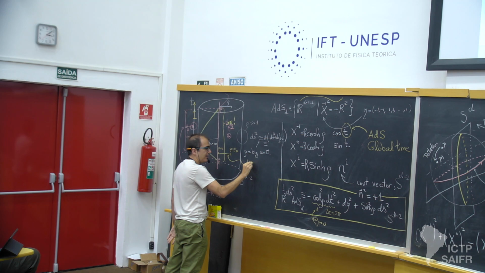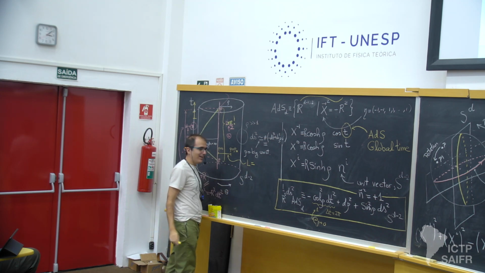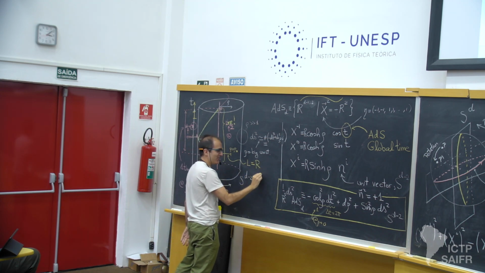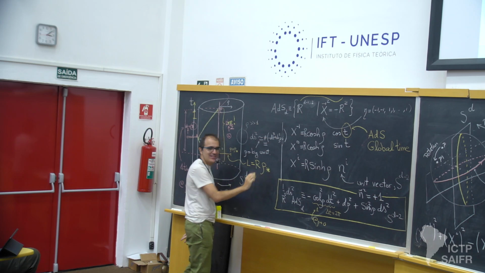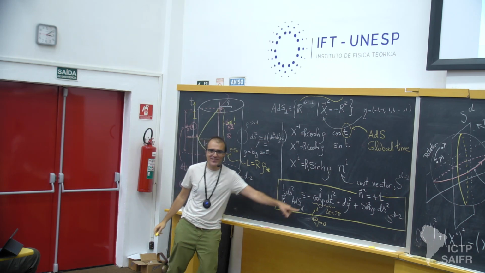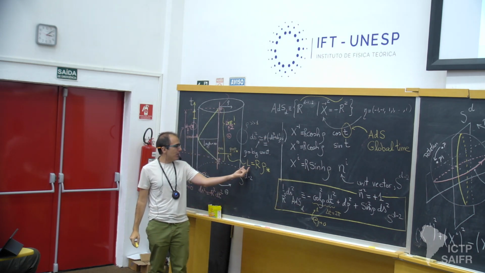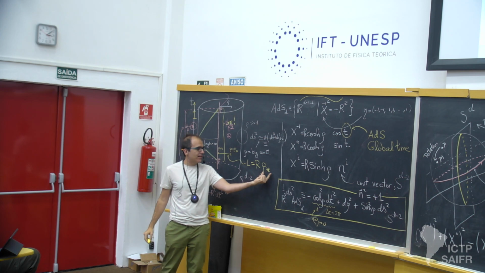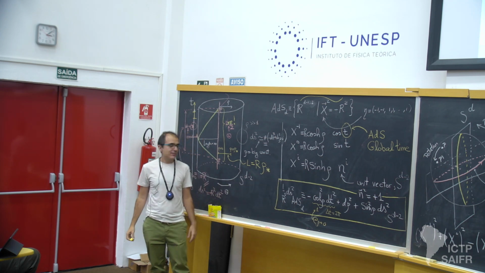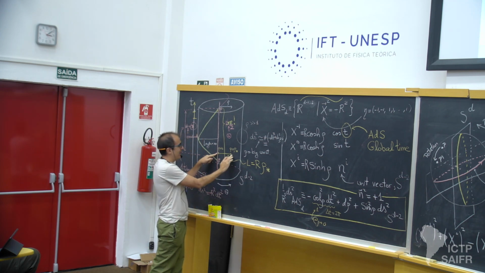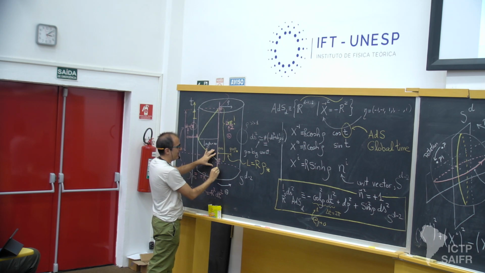This distance L? Yes, R times rho star, because there is a 1 over R squared here, so you need to multiply. So the proper length of this segment would be R times rho star. So that's this length. How long does it take for a particle to go here and come back? 2 pi R.